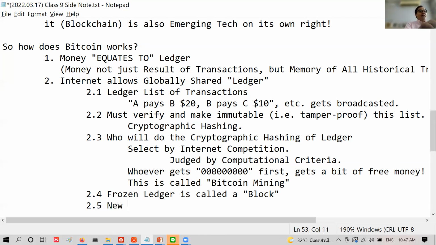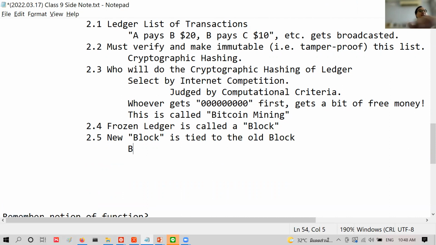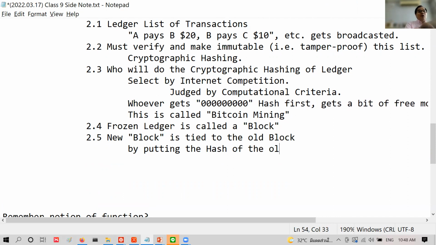You do the same thing, except what's clever is that a new block is tied to the old block. How? By putting the hash of the old block in the first line.